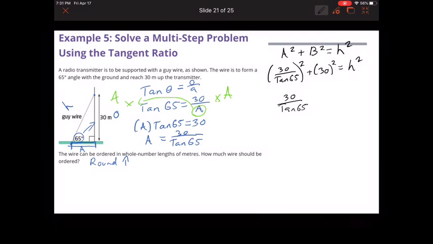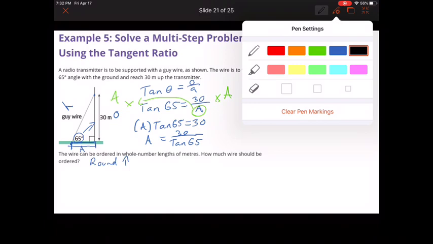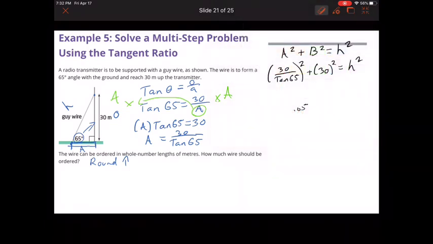So I want to go 30 divided by bracket tan of 65 bracket to figure out what that number is. And then I want to square it. So I'm getting 13.989. And then I want to square this.